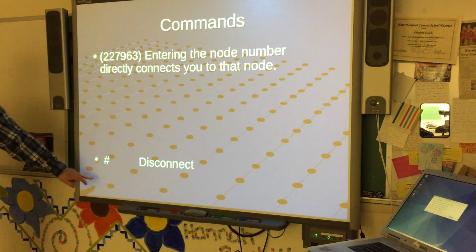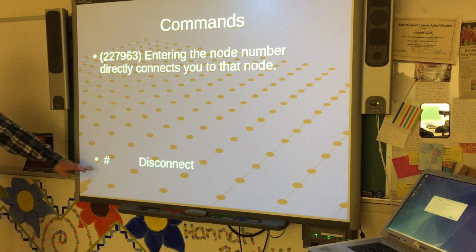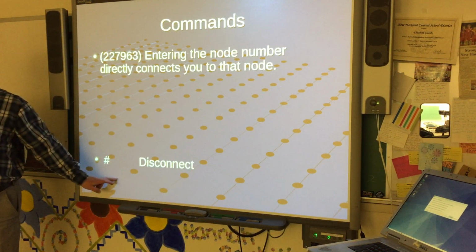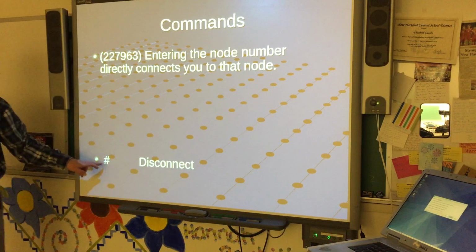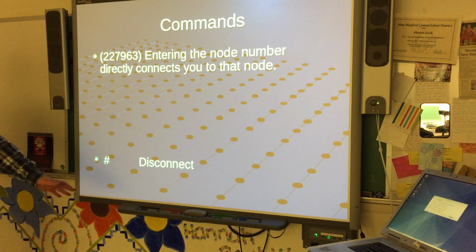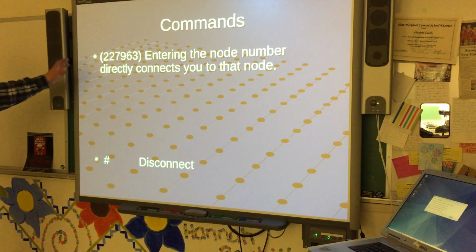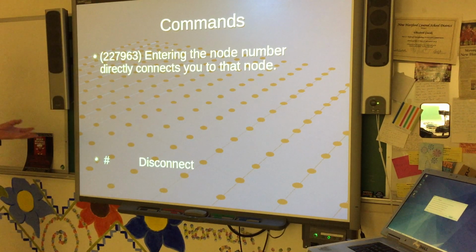So the most important command for you to remember is the pound sign, okay? Because once you've made a connection, you want to drop that connection with a pound sign. But what you do when you go to that list I showed you earlier is you look up somebody's node number.